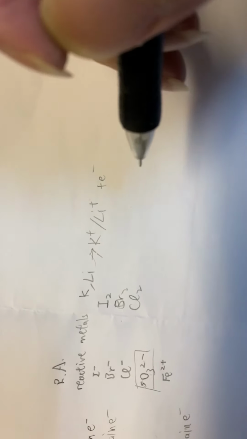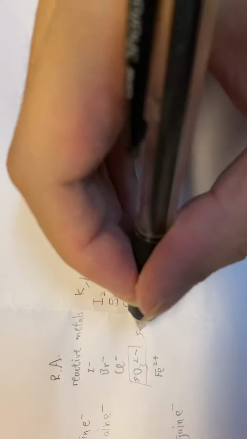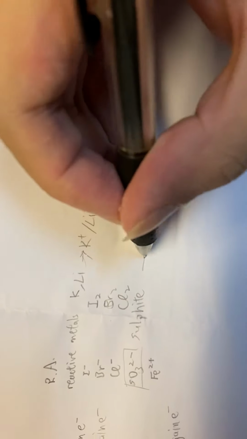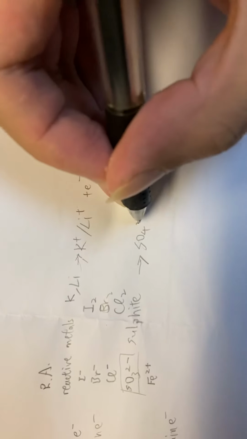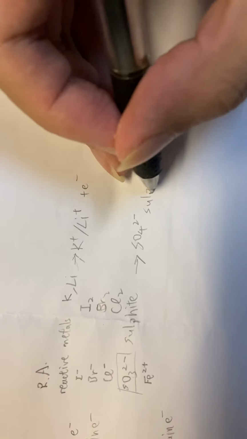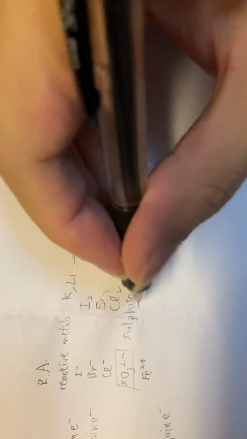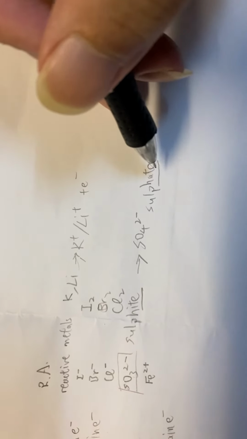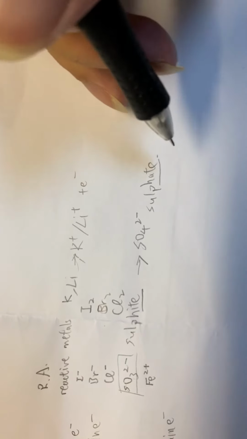And one of the commonly used reducing agents is sulfite ion, sulfite, with ITE. Its product is SO4 2-, called sulfate ion. And in case you do not memorize that, the difference between ITE and ATE is that for anions with ATE, it should contain more oxygen.